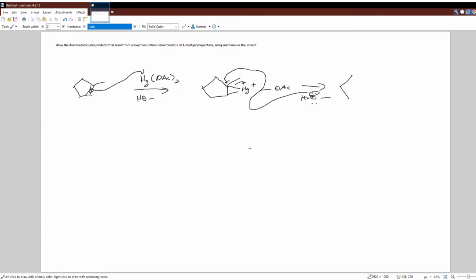So now we've got this, where it's Hg plus OAc, like this. Alright. And then water comes by. And oh, what does water do? I guess it attacks this.